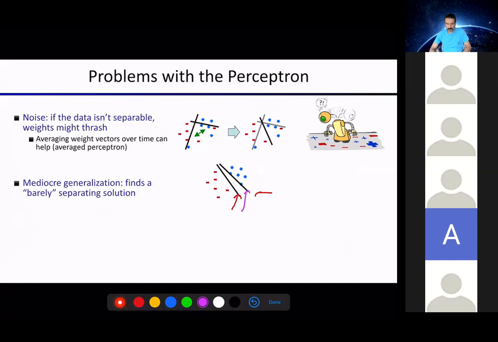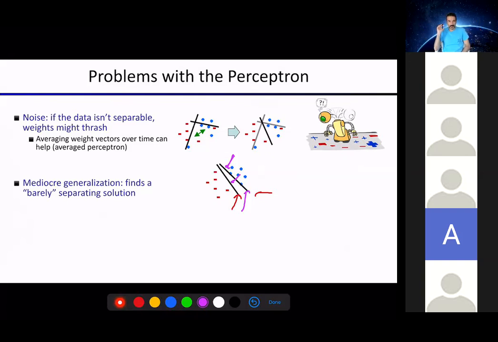But the perceptron might well decide that this is the hyperplane that divides these two. I mean, there is no guarantee whether it finds this one or that one, but it might well find this one and stop there, because even this one gets all the examples correctly, even though we know that it is not ideal.